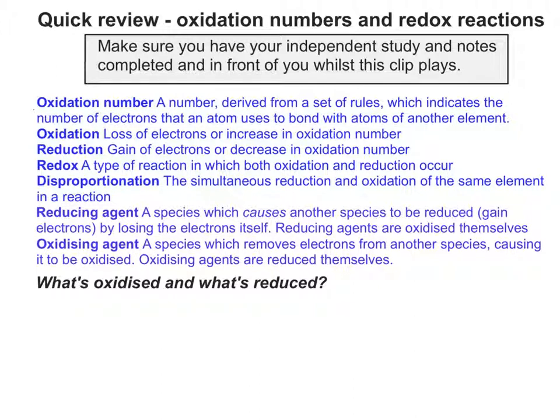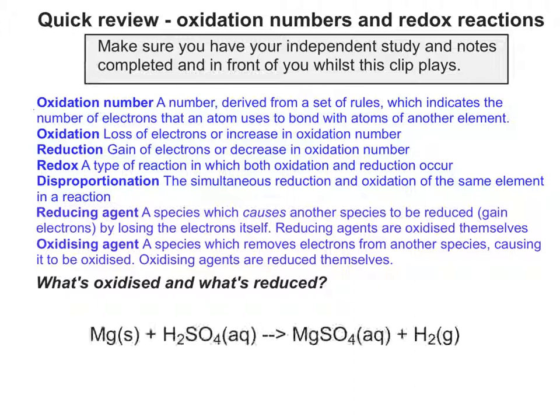So what I'm going to do is put on a couple of examples of redox reactions and talk you through how to actually work out what's oxidized and what's reduced, because you'll need to be able to do this in exams. If you're presented with a redox reaction and you're told to determine or prove using oxidation numbers what has been oxidized and what has been reduced, that's possibly the most common wording you'll find in exams.